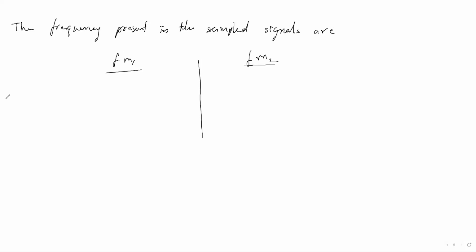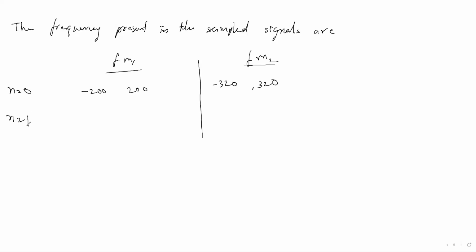If n equal to 0, we will have minus fm and plus fm. You can see in your previous notes: minus 200 and 200, and here minus 320 and 320.